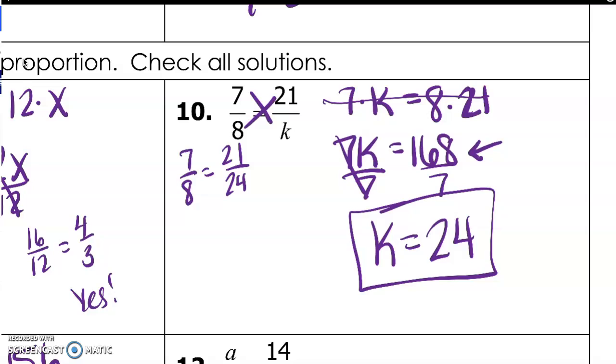You could actually divide 7 divided by 8 and see what that decimal is, and 21 divided by 24, make sure they match. Otherwise, you can do what we just did above. 7 times 24 gives us 168, and 8 times 21 also gives us 168, so yes. All right, so if you want to check, you just set up the proportion and check to make sure that it works.